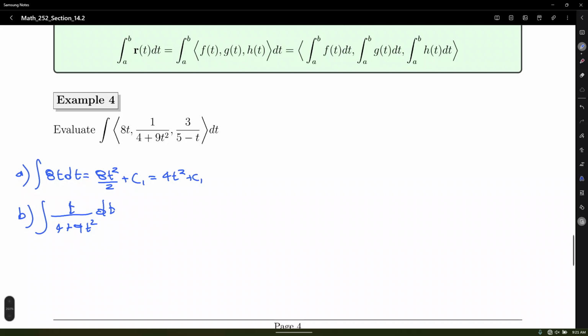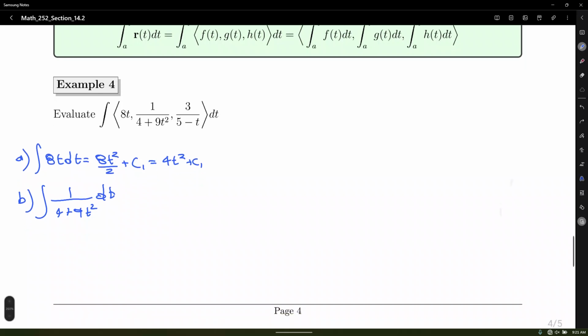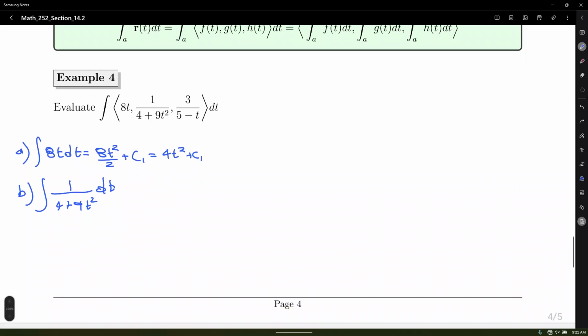Use substitution, but in this case we don't have that t, so arctangent rule. However, be careful with the arctangent rule. Although it's not a hard rule to deal with, it may be a little tricky when you have numbers other than simply a 1 for the coefficient of the variable term.